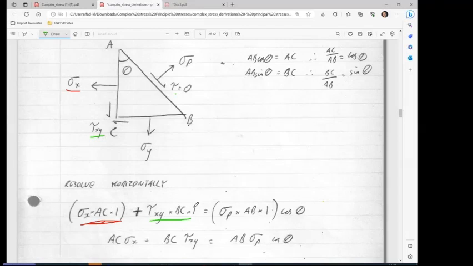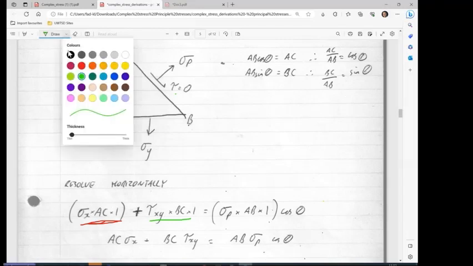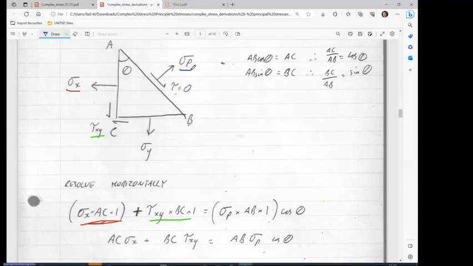That is going to be equal to the horizontal component caused by the principal stress on that plane. So I'm going to take sigma p, that's my principal stress, multiply it by the area, AB times 1, to give me my force caused by that principal stress, and then I'm going to take the horizontal component, so I'm going to move it down through this angle to work out what this component here is.